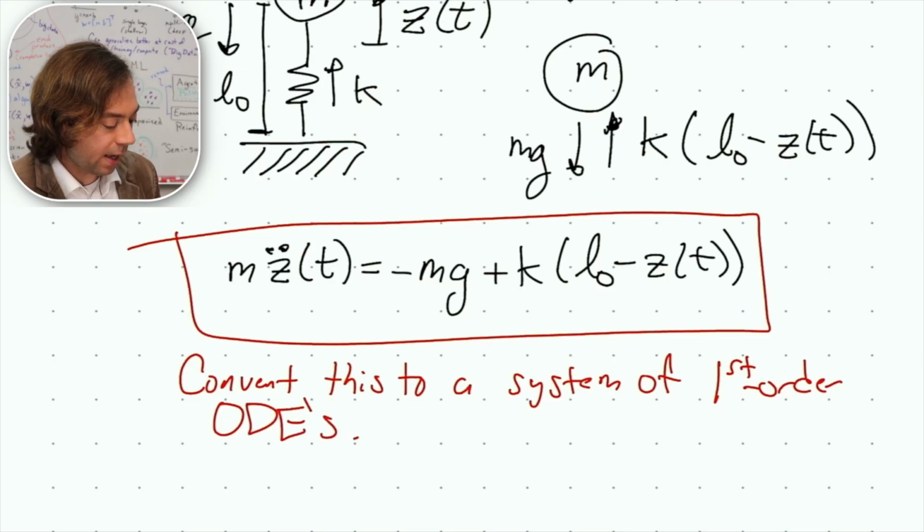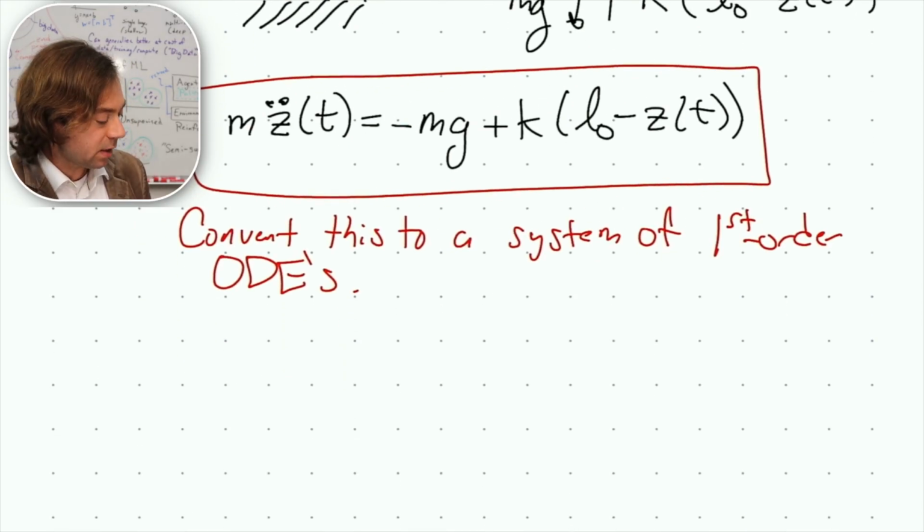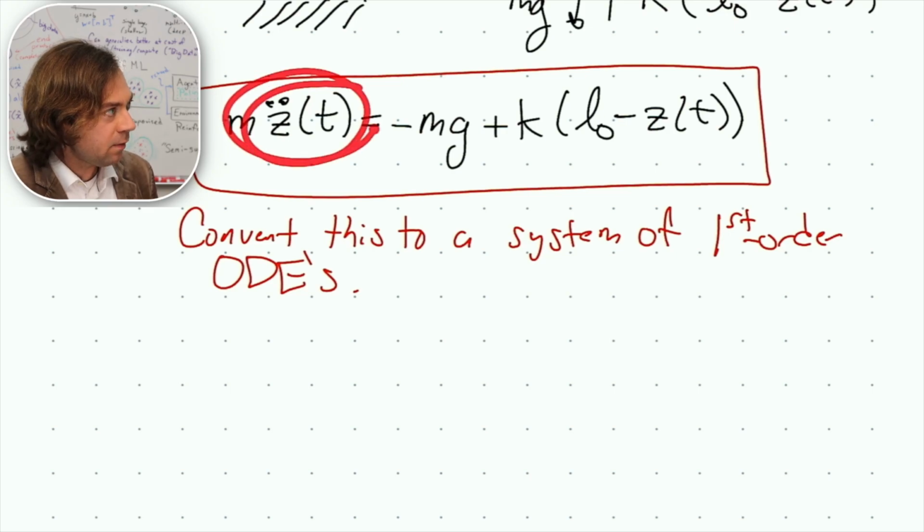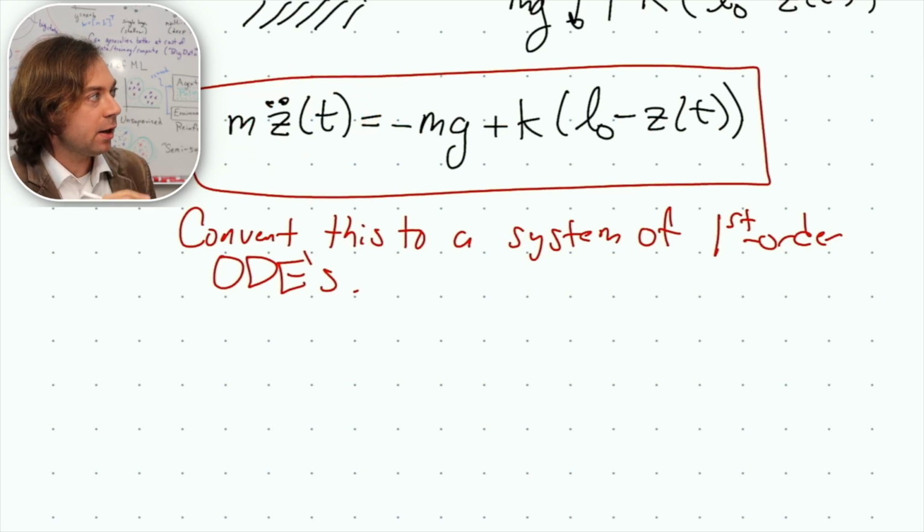How do we do that? Instead of just caring about one variable that we're taking two derivatives of, let's create two variables that we take one derivative of. Then we have two first order differential equations.